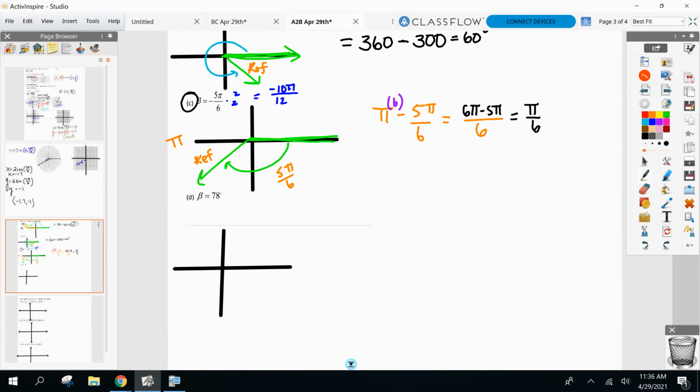78 degrees. What's my reference angle if I have an angle of 78? Where is 78? First? Kids' heads were spinning in my second period class today over what the reference angle would have been.